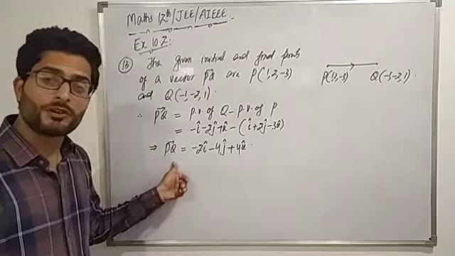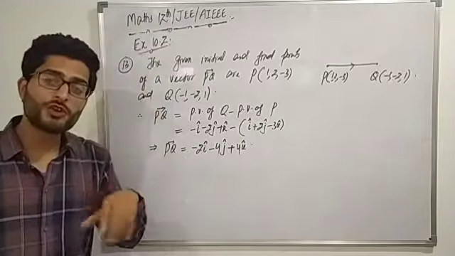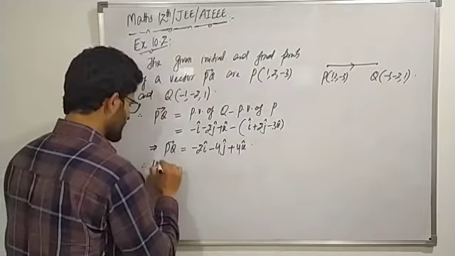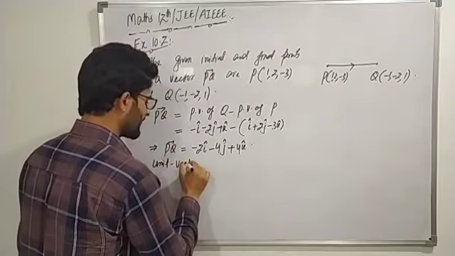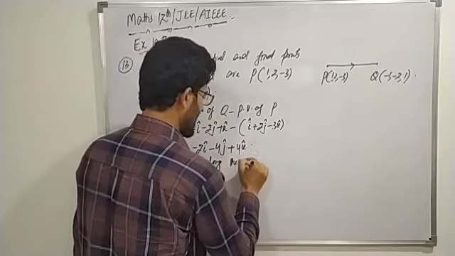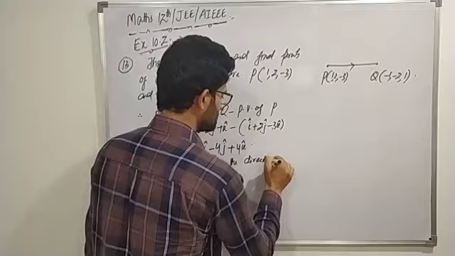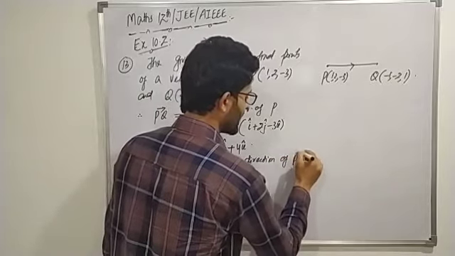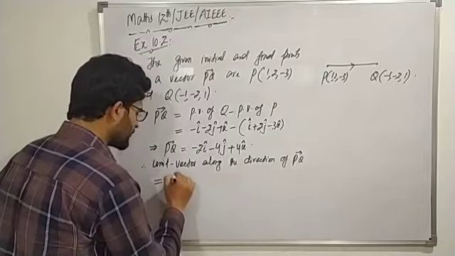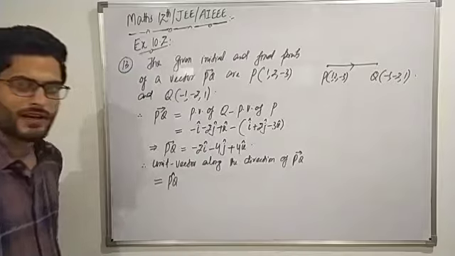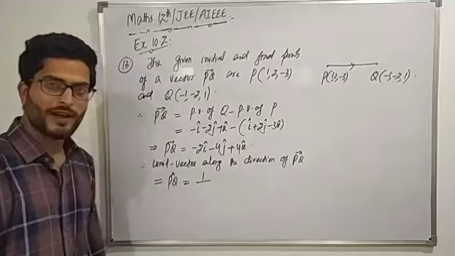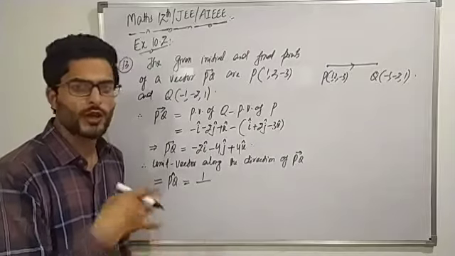So we need to find its direction cosines. Means first we need a unit vector along the direction of vector PQ. Therefore the unit vector along the direction of PQ vector, which would be denoted by PQ cap, must be a unit vector along the direction of vector PQ, and that's equal to 1 divided by its magnitude into the vector.